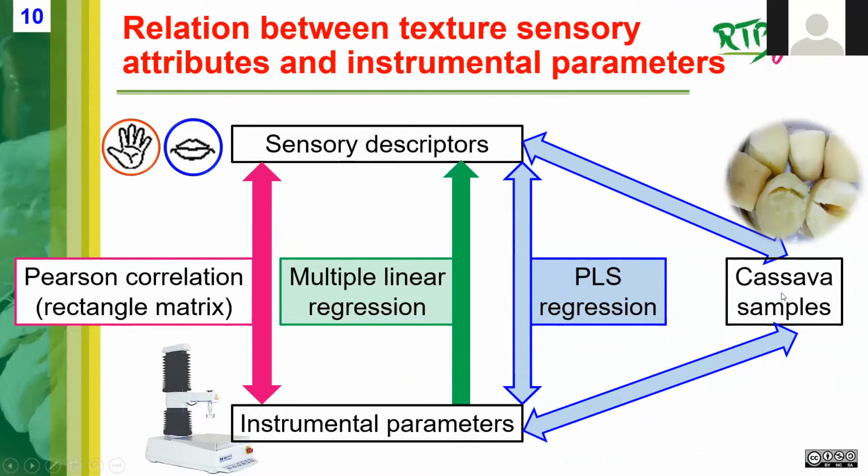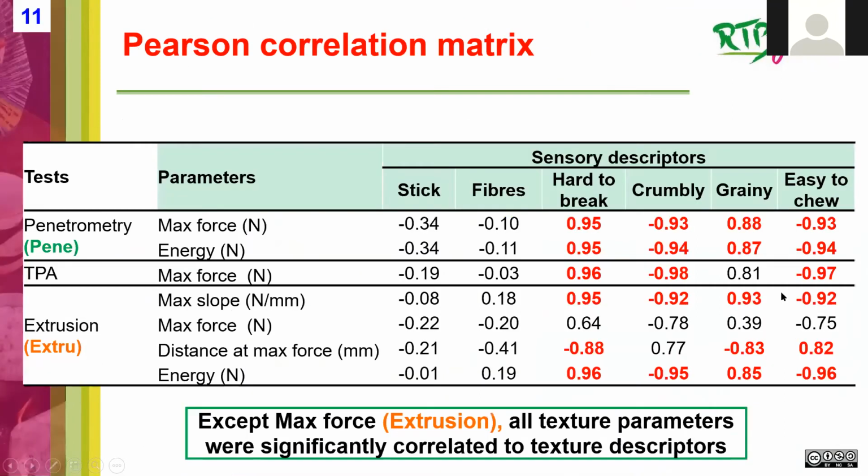So for the Pearson correlation test, we can see that the descriptors thick and fiber were not significantly correlated with any of these instrumental parameters, while the descriptors hard to break, crumbly, grainy, and easy to chew were significantly correlated with the instrumental parameters.